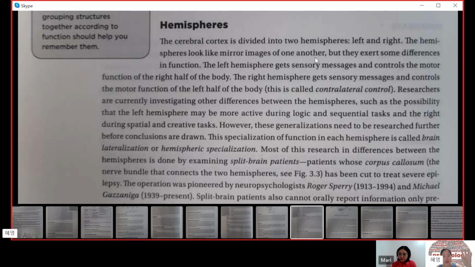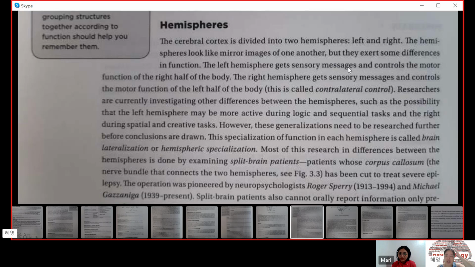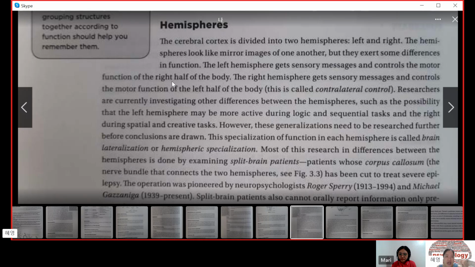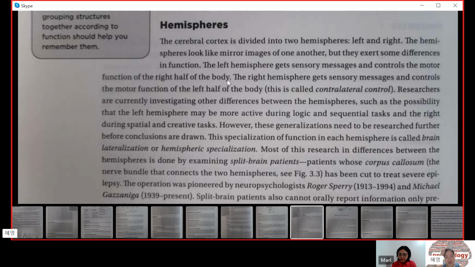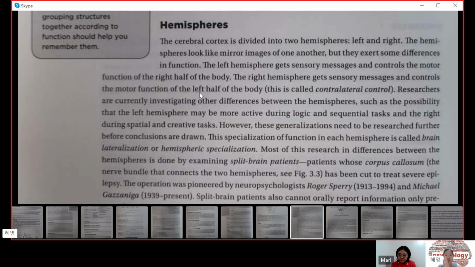The left hemisphere gets sensory messages and controls the motor function of the right half of the body, and the right hemisphere gets sensory messages and controls the motor function of the left half of the body. So this is called contralateral control. Do you understand what I'm saying?